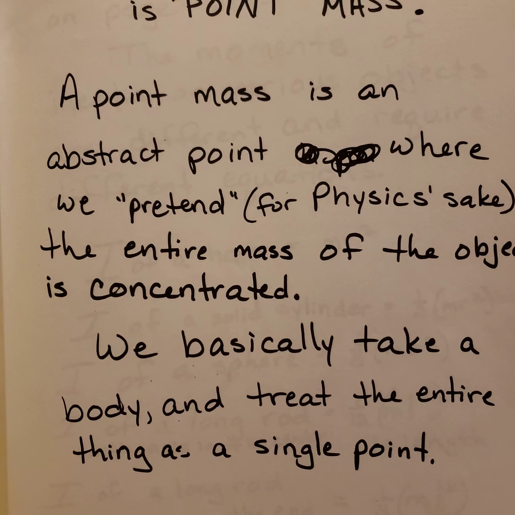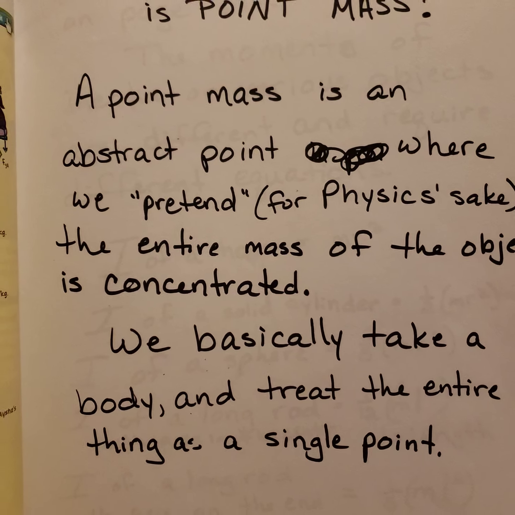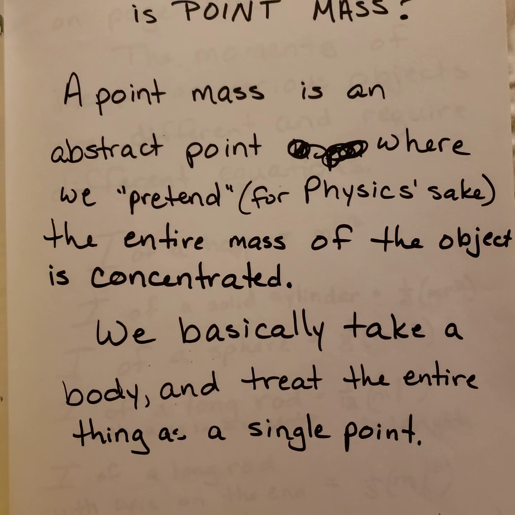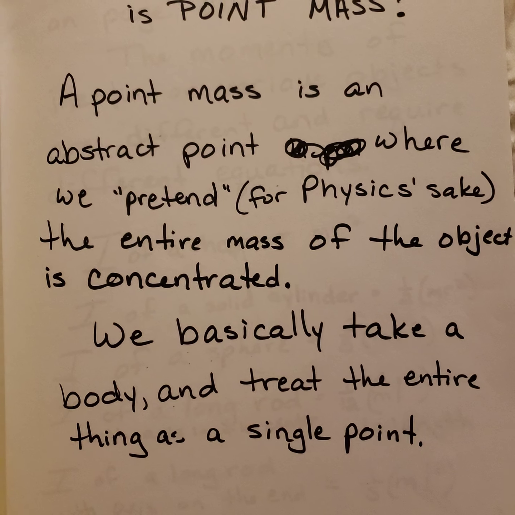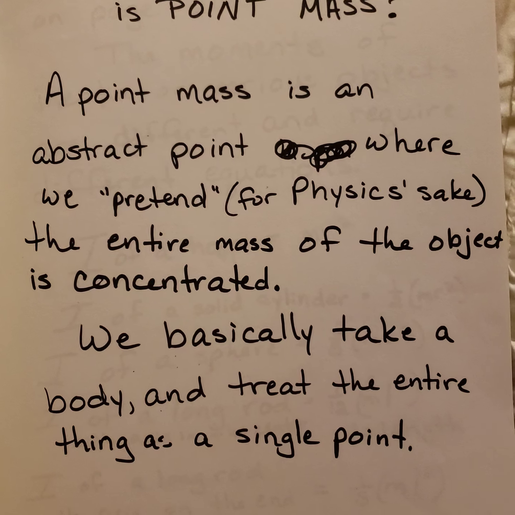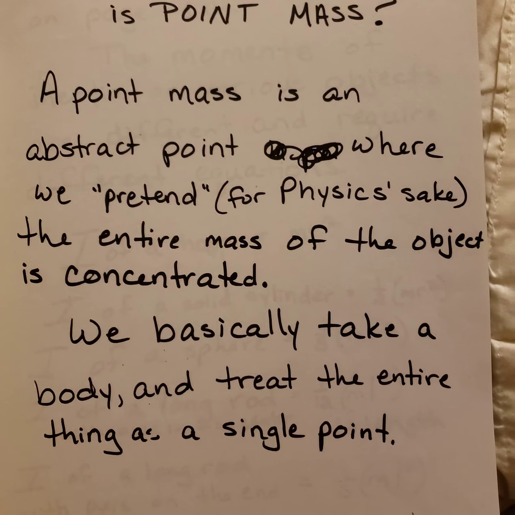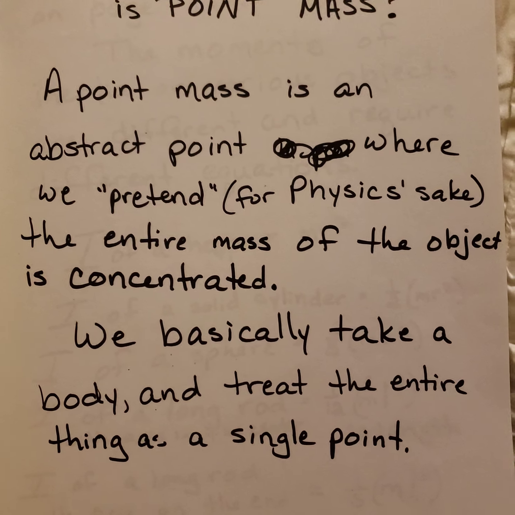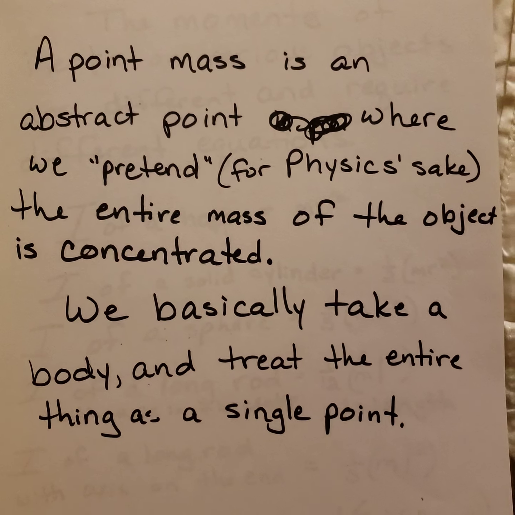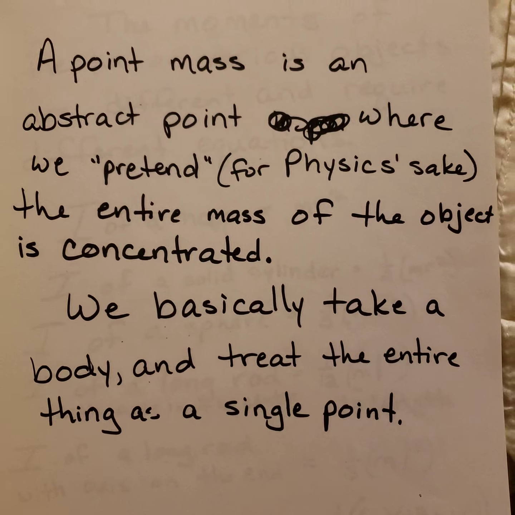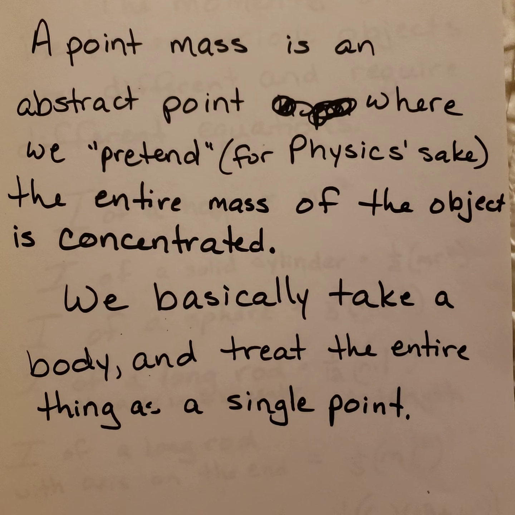Basically, a point mass is this abstract idea of a point, where we pretend, for the sake of physics, that the entire mass of the object is concentrated. We take the whole object and treat the entire thing as a single point.